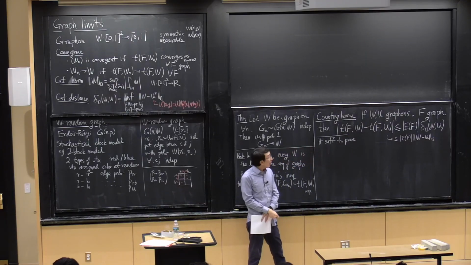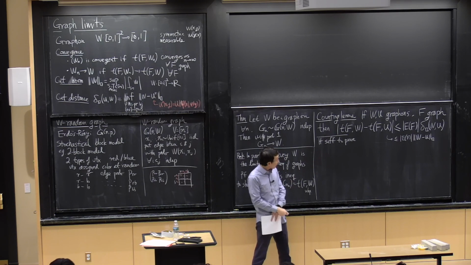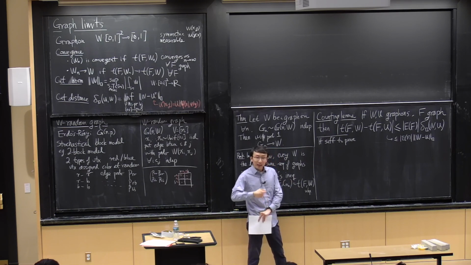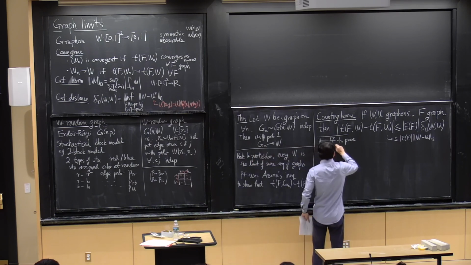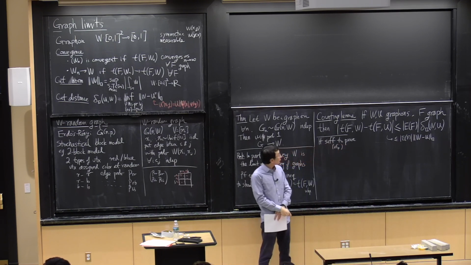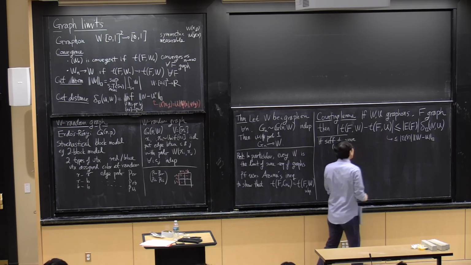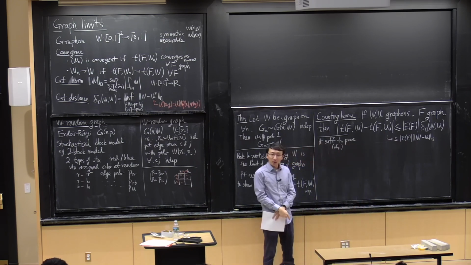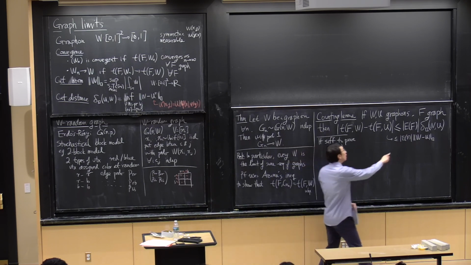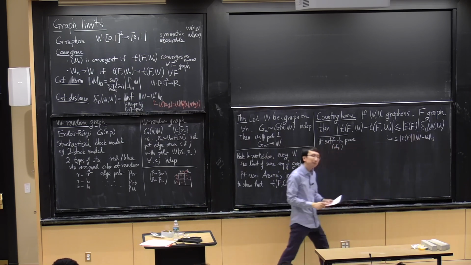And the reason is that once you have the second inequality, by taking an infimum over all measure-preserving bijections phi, I notice that that change does not affect the F density. So by taking an infimum over phi, you recover the first inequality.